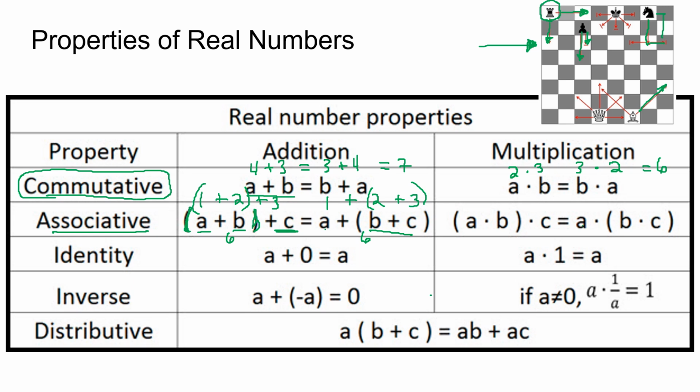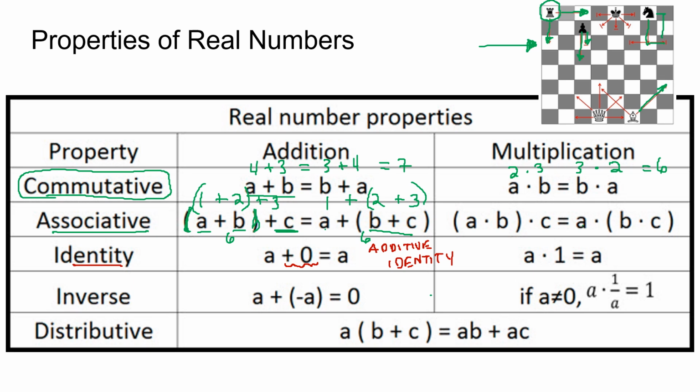Have a property called the identity. And this is an interesting one. There's an additive identity. All that means is that if I take the additive identity, which is 0, and add it to some number, I get the identical number back, right? 5 plus 0 is 5.